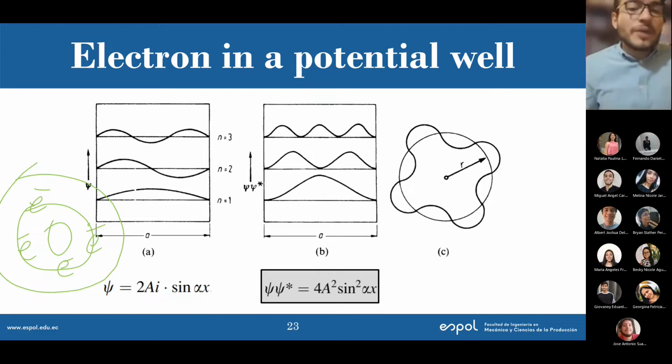But then they saw this and said, wait, that's actually not real, because I have certain places where I have a higher chance to find an electron, and there are places, according to the energy level, where I actually have zero possibility of finding an electron. Like that, or like here.